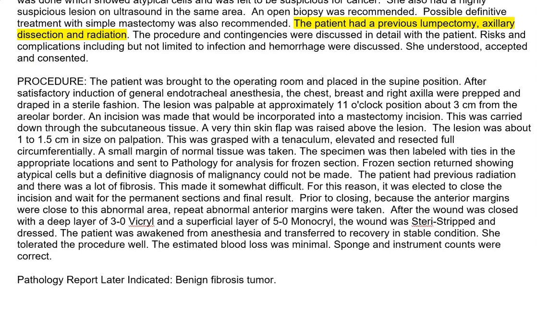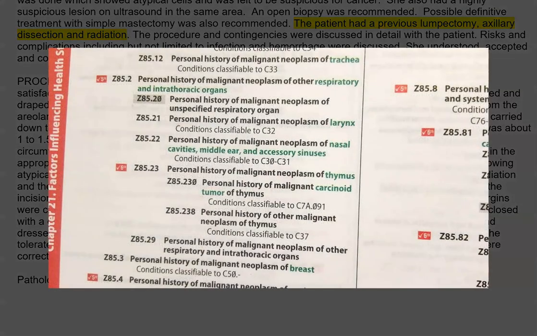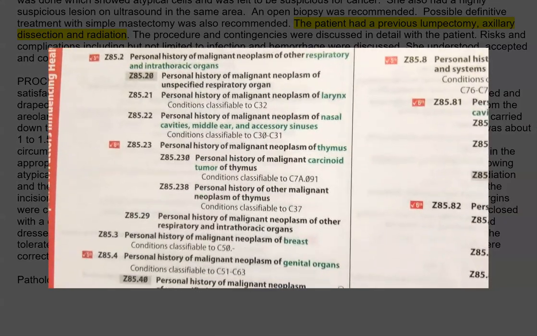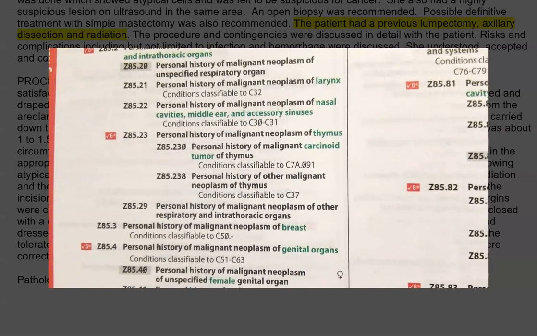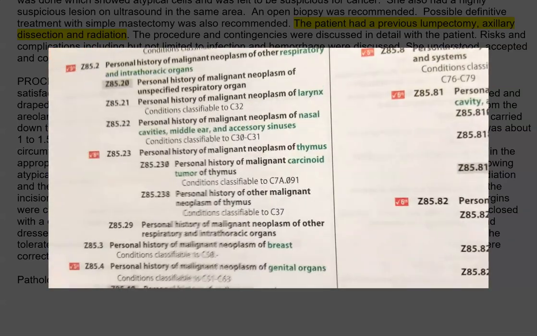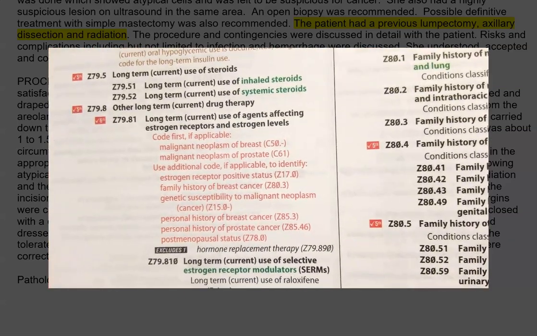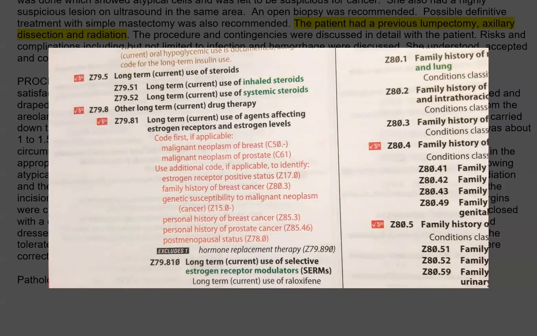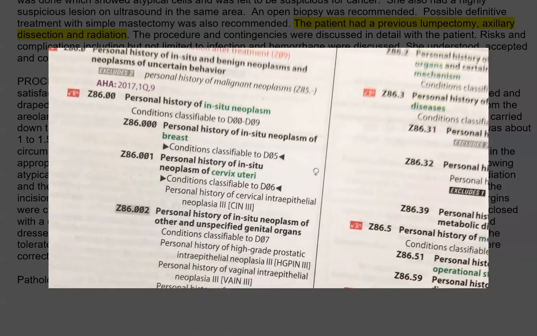All right. And I have the code, so let's take a look at it. Z85.3, personal history of malignant neoplasm of the breast. All right, so then I'm going to go to my other code, which was Z92.3.